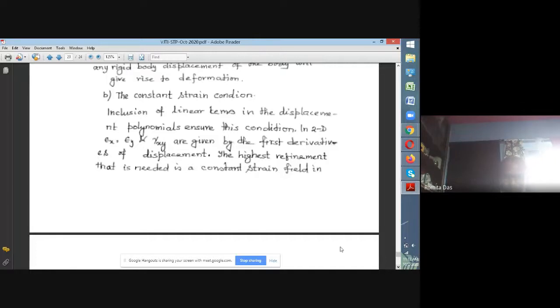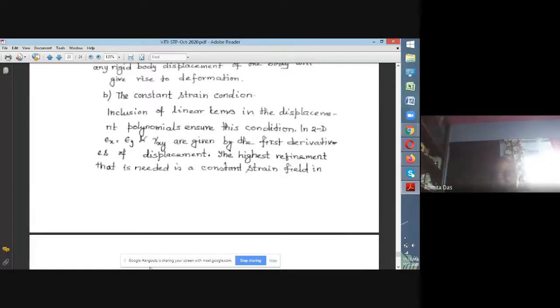In order to do that in two dimensions, if you remember, the terms which give rise to constant strain are epsilon x, epsilon y, gamma, given by the first derivative of displacement. Therefore you must have the linear terms. You cannot select a polynomial like u equal to alpha 1 plus alpha 2 x square plus alpha 3 xy.